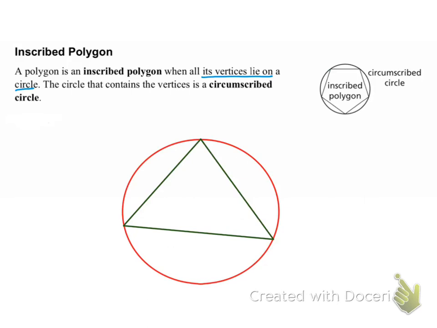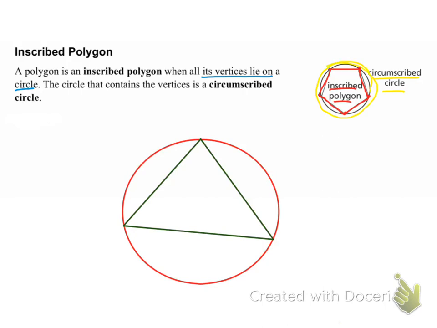So if this vertex is touching here, this one here, this one here, and here, and here, if all the vertices are touching the circle, then it's called an inscribed polygon, and the circle around it is called the circumscribed circle.